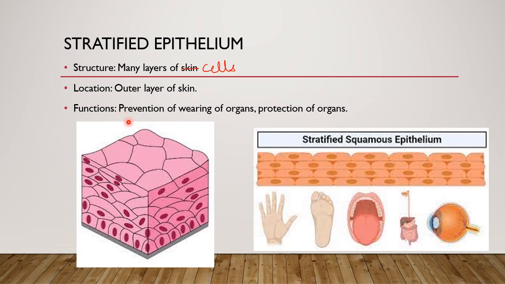What are the functions then? Prevention of wearing of organs. As I said, the skin has wear and tear; the dead cells come out, again new cells come in. And protection of organs, because it forms the outer layer, so it gives protection to the organs as well. So till now we studied the squamous epithelium and stratified epithelium.